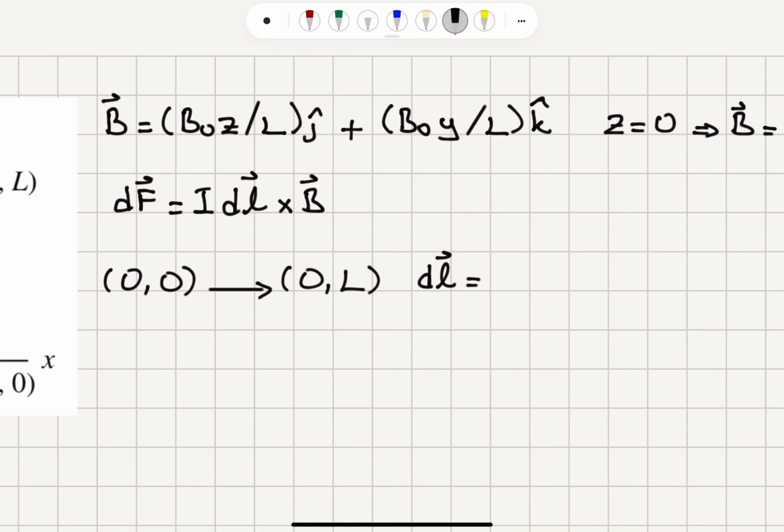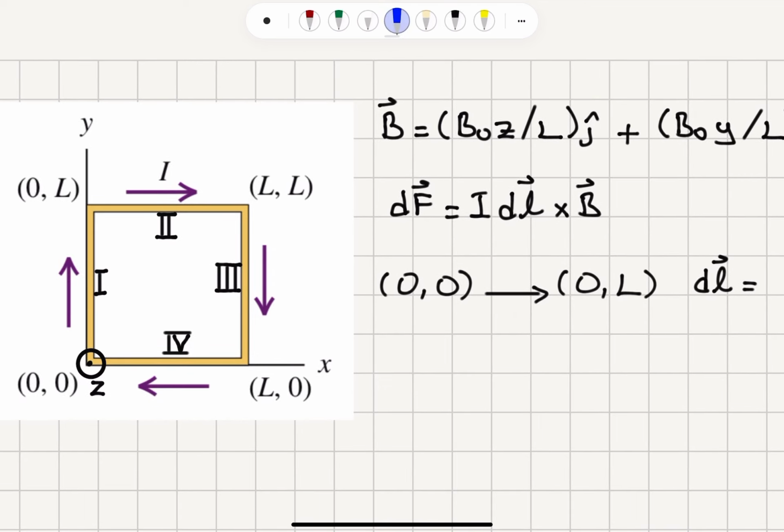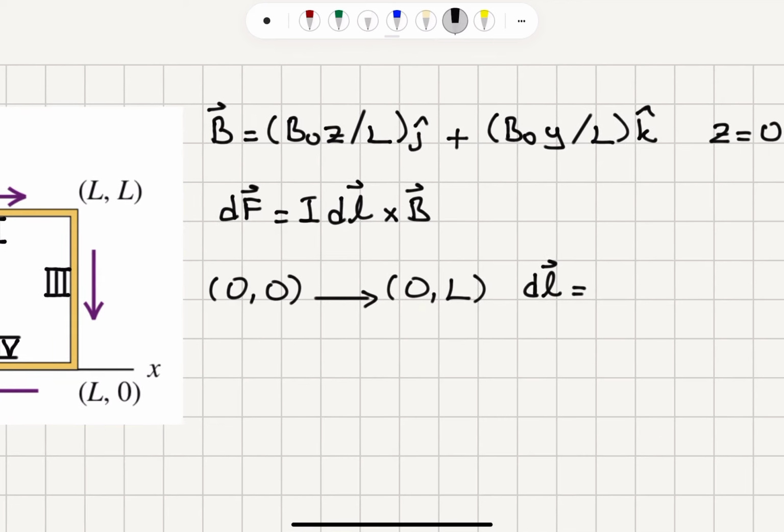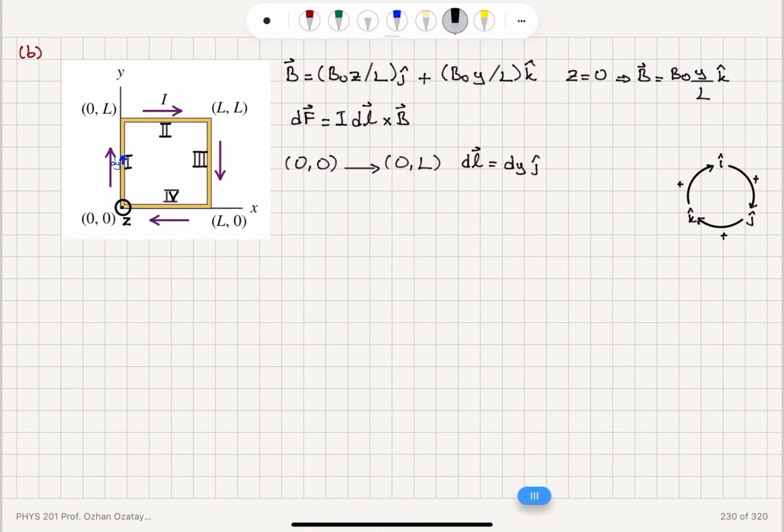The dl vector is basically this small vector here, which is pointing in the direction of the current, and it has a magnitude dy. So I can say that the dl vector is dy in the j hat direction.